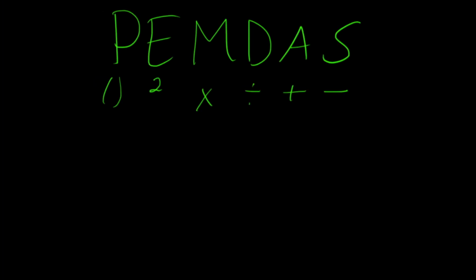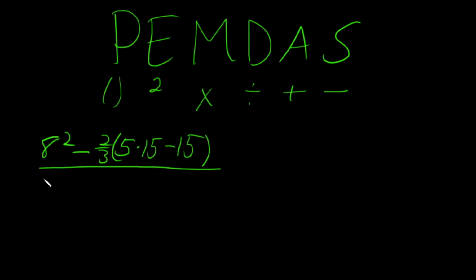Let's look at one final example, combining everything we've covered today. So let's say we have 8 squared minus 2/3 parentheses 5 times 15 minus 15 over 2 times 4 times 3 squared divided by 12.